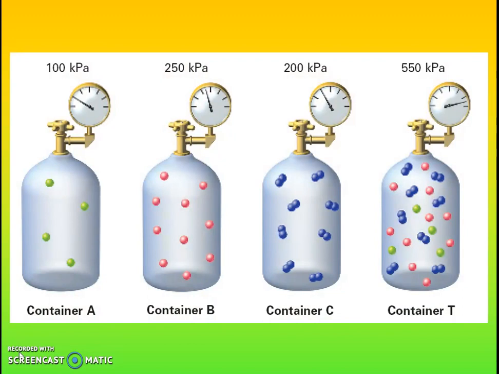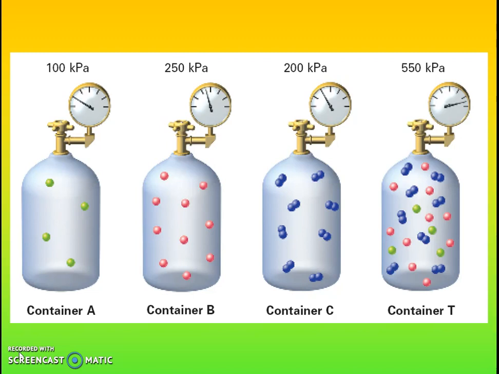In container A, we have 4 of those green monatomic gas particles contributing to 100 kPa of pressure. And then in B, we have those 10 red monatomic gas particles contributing 250 kilopascals of pressure. And then in container C, we have 8 of those blue diatomic molecules contributing to 200 kPa of pressure.